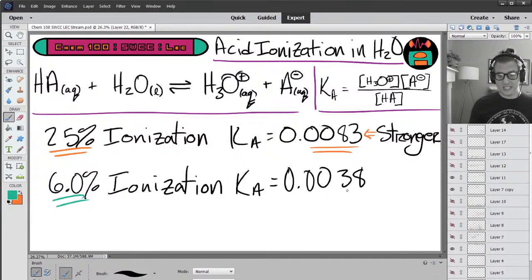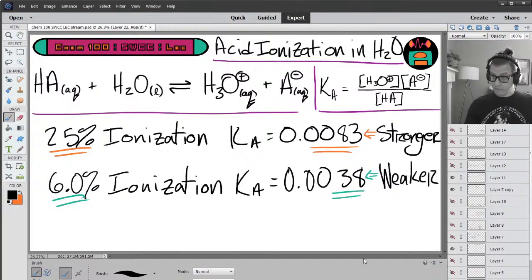The lower percent ionization gave us a smaller value for Ka, which tells us that this acid is weaker, so it all ties together. All right.